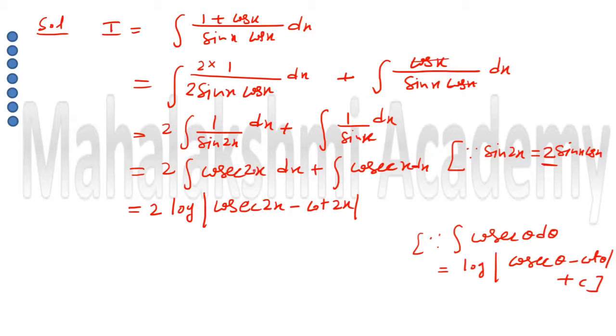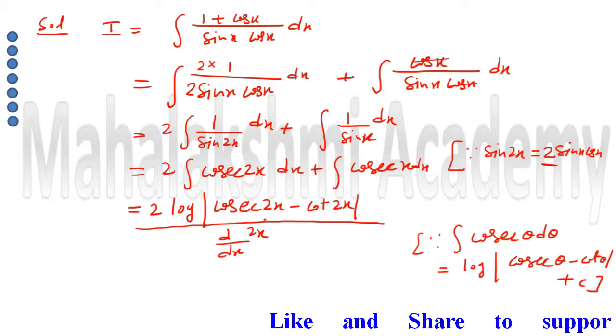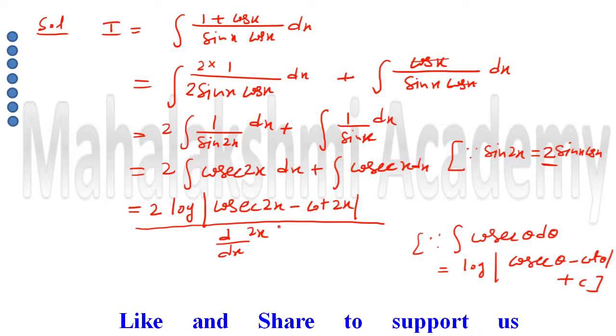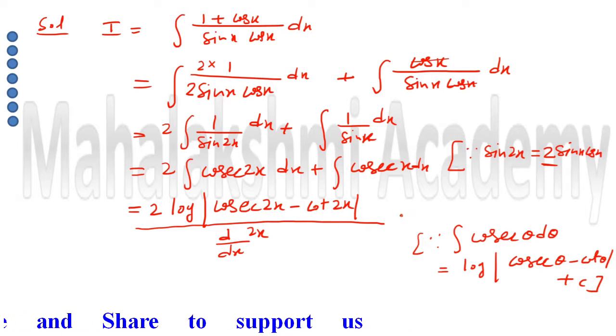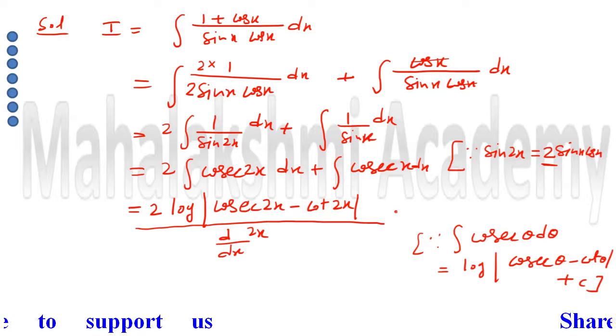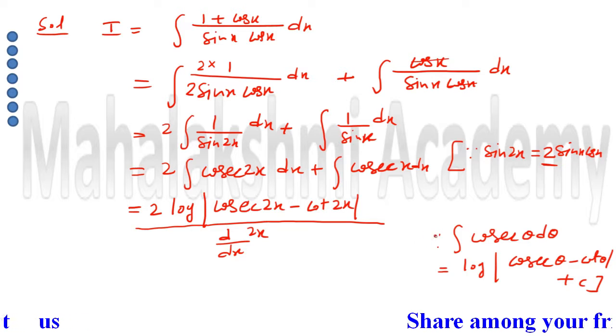So we have to apply the chain rule again. According to the chain rule, we have to divide this integration by the differentiation of 2x. So this is the chain rule we applied. So in integration, the chain rule comes in the division. That is the difference between integration and differentiation. The cosec x integration is remaining, so we don't have space, I will erase this formula from here.